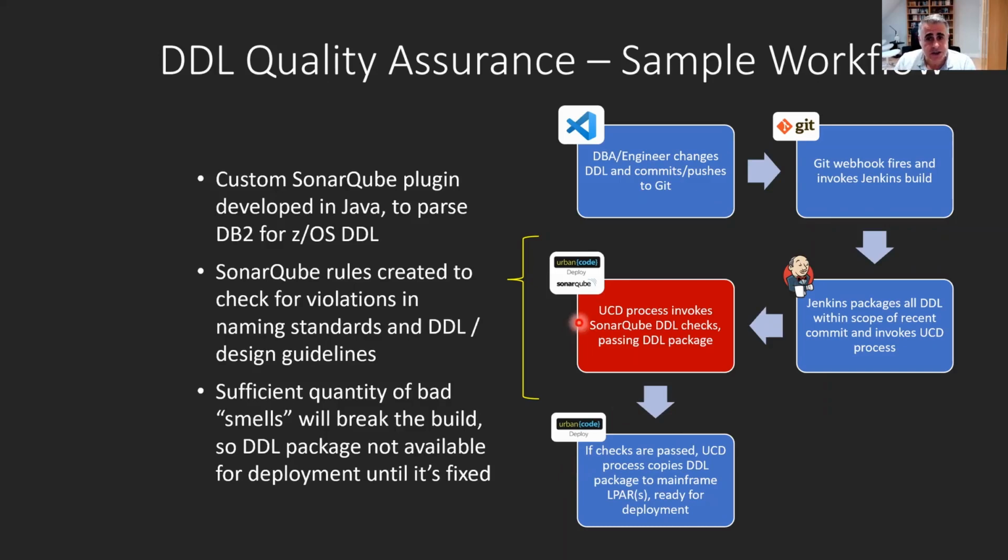So it's passed the UCD checks. You know that basic things like naming standards and guidelines will have been enforced, but the DBA still gets a notification to go and take a look at that new version to make sure there are no other potential issues inside there. But they can do so in the knowledge that at least the basic level of quality assurance has been done.